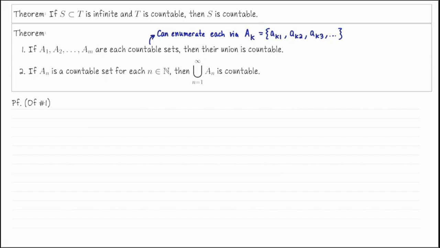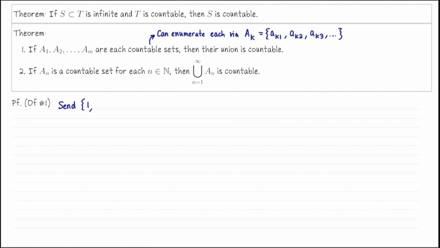What we're going to do for this first statement is describe how the bijection works. So I'm not going to write down a closed form expression like f of little n equals such and such. I'm just going to say how you would make a bijection, a mapping from natural numbers to this collection of countable sets. So what we're going to do is send natural numbers to these sets in a way that divides and conquers again.